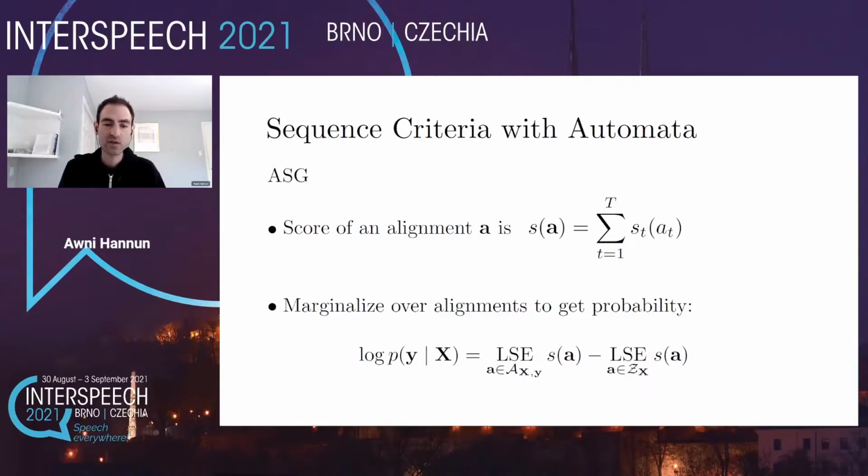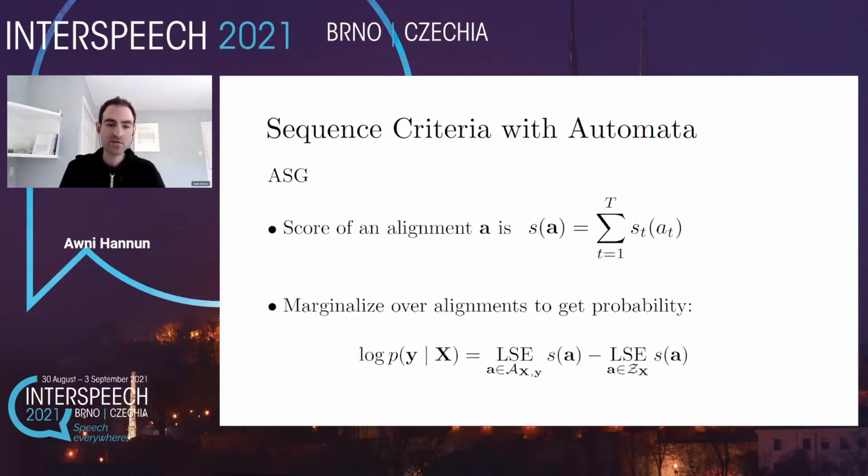So if you look back at those alignments of length 5, for each one of those, I get the sum of the scores to get the overall score of the alignment. So now I have a function which takes as input an alignment and the input audio X and produces a score for that alignment.